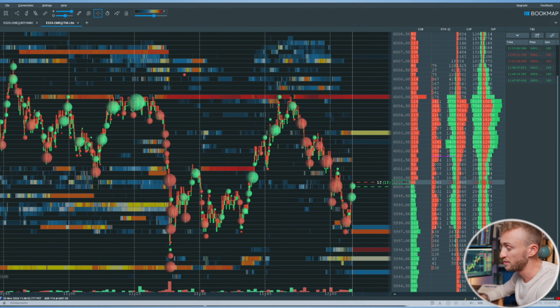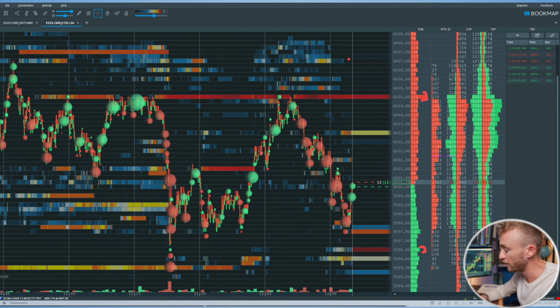And then Bookmap is the heat map. What you're seeing here is the green is large aggressive buying and the red is selling. And then these lines are the limit or passive orders. So at 6,005, there's 231 contracts waiting to sell. Down here at 96.50, there's 136 contracts waiting to buy.